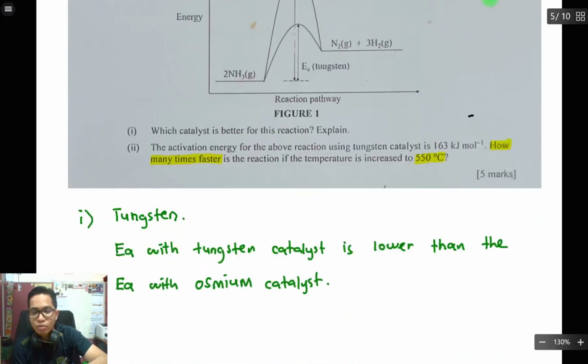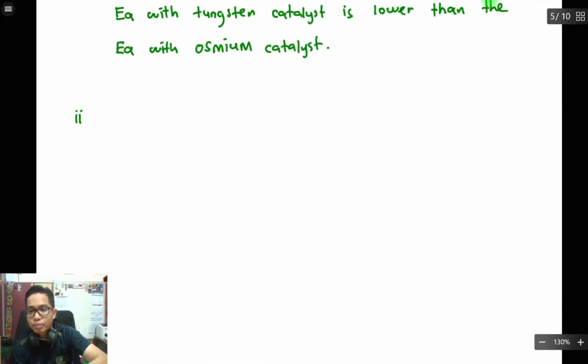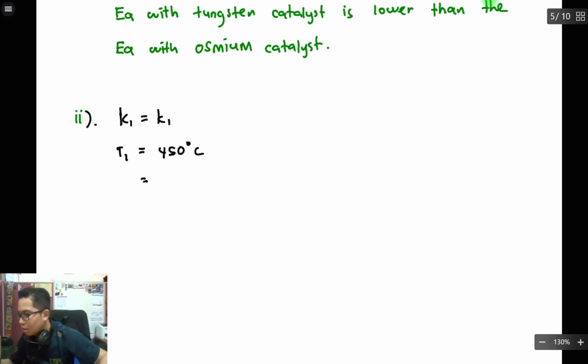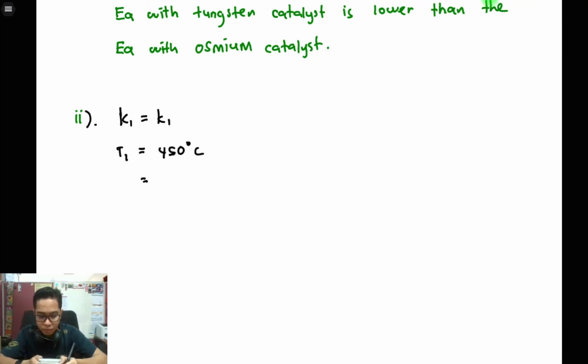The final one 550. Okay, kita list out the information. K1 rate constant, don't know. We have no values, so leave it as K1. T1 given just now is 450 degrees Celsius. So when converted into Kelvin, it will be 450 plus 273.15.